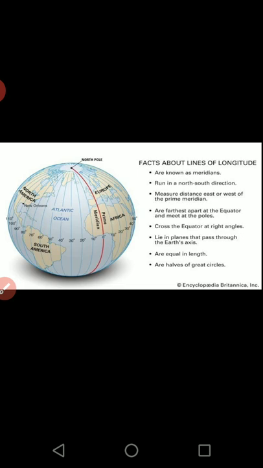Here is something more about the longitudes. They are also known as meridians. You can see they run in the north and south direction. Here only longitudes are made on this globe. They measure distance east or west of the prime meridian.